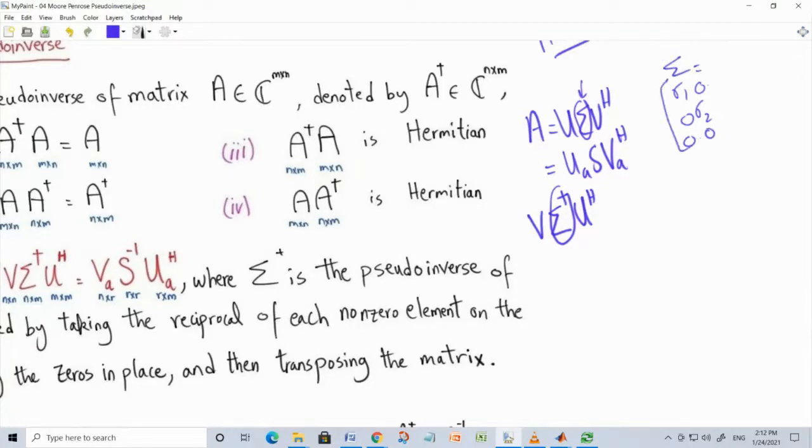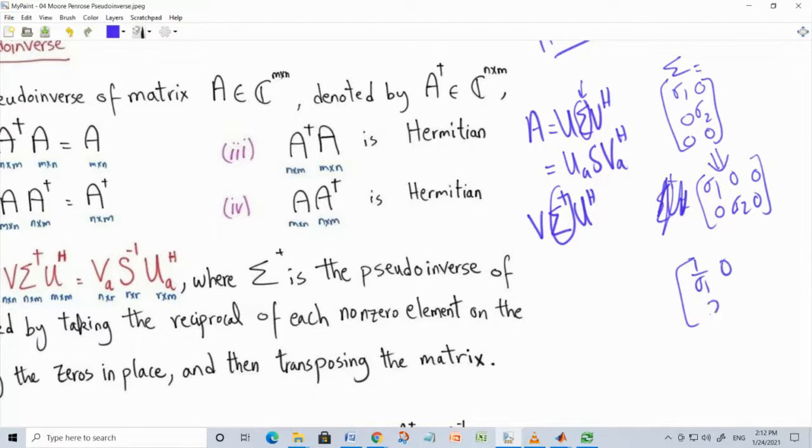Then for its pseudo inverse, you transpose the matrix, and for the non-zero components, which are the strictly positive singular values, you take the reciprocal.